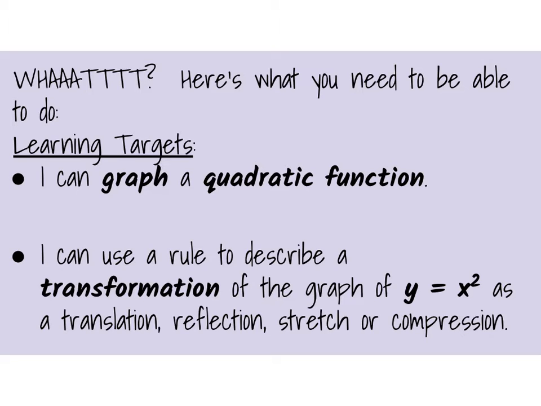Sounds just like the TEKS you did last year in 8th grade math, but instead of transforming geometric shapes with translations, reflections, dilations, and rotations, you are going to be transforming the parabola. Okay, and we're going to talk about translation, reflections, and dilation, and that's what that stretch or compression is. It's a dilation.